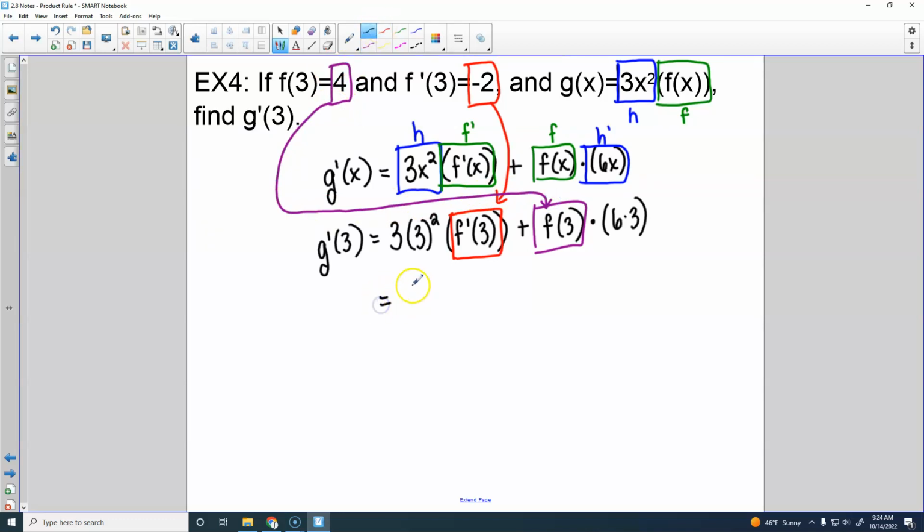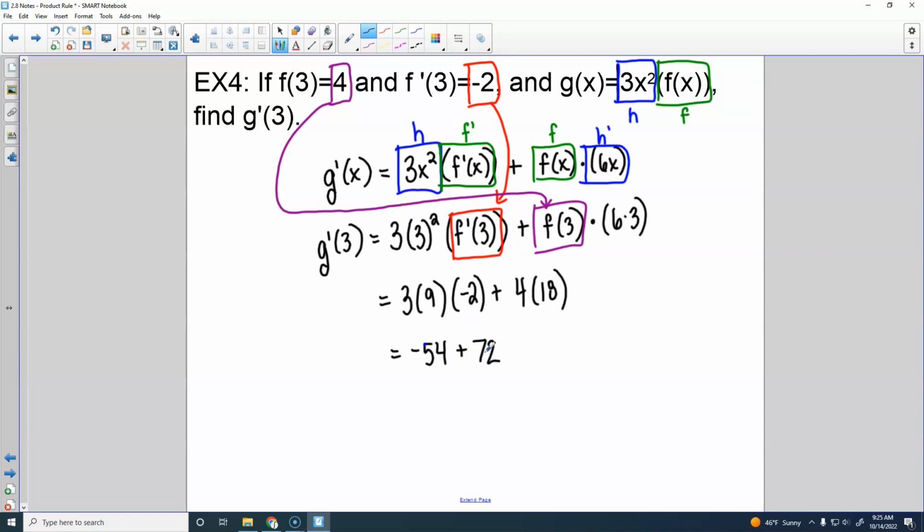So we can put that right here. So we would have 3 times 9 times -2 plus 4 times 18. And let's see, that's going to be 27 times -2, that's -54, plus 18 times 4 is going to be 72.